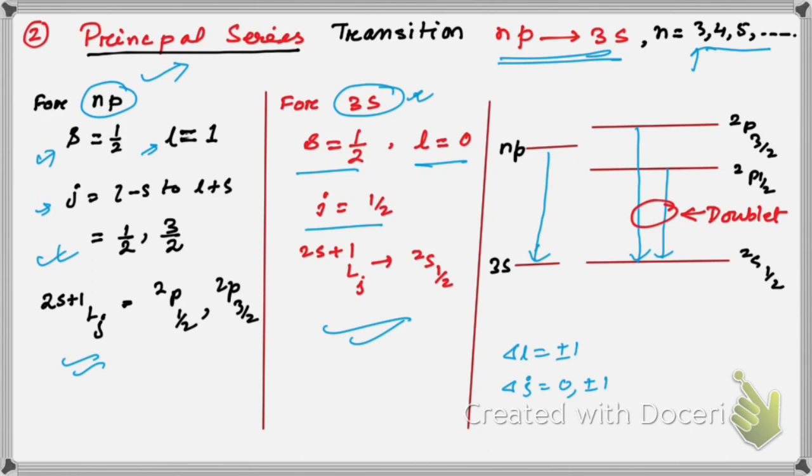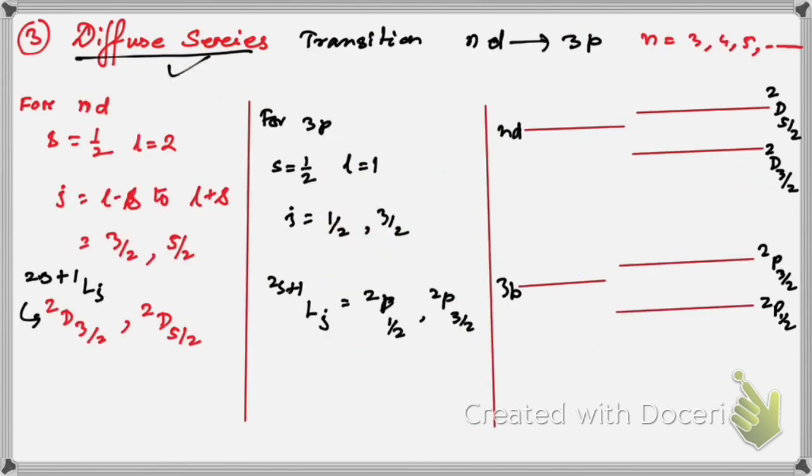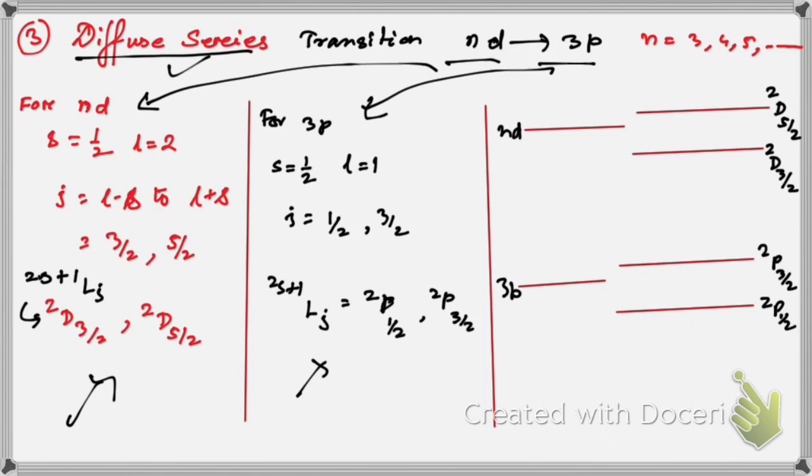Now let's go to the next series. So for the diffuse series, these are the values of the higher and lower energy levels. For nd, these are the values, and for 3p, these are the values. And here this main spectral line from nd to 3p, where the values of n are those, will be split into three spectral lines that we're going to call a triplet, right?